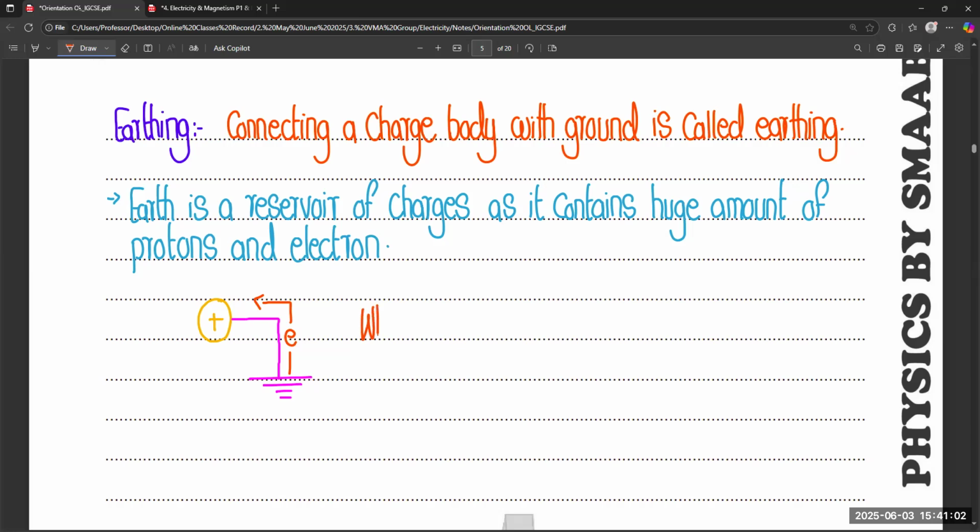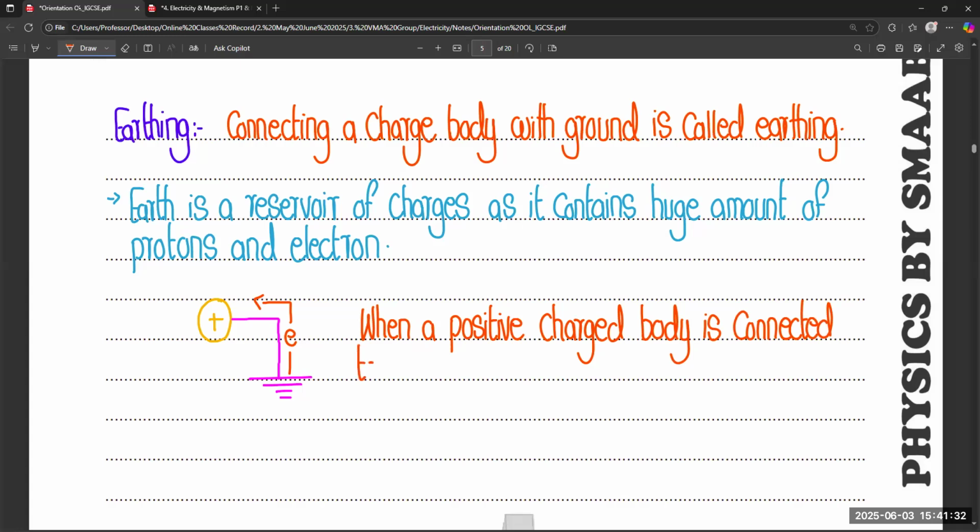And we can say when a positive charged body is connected to earth, it pulls electrons from it and becomes neutral.